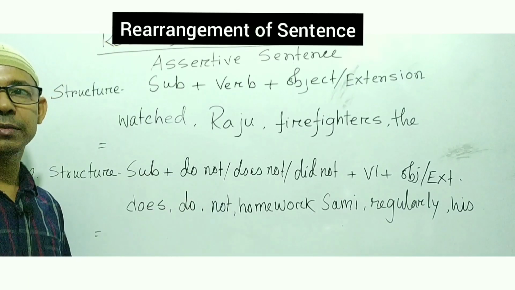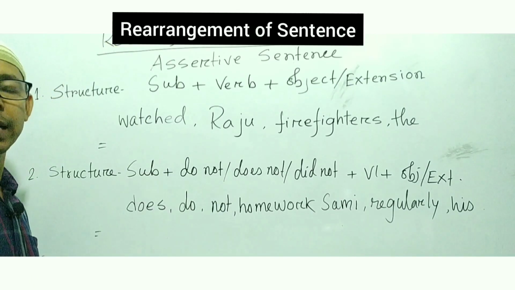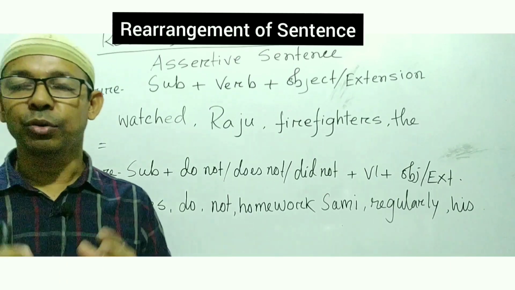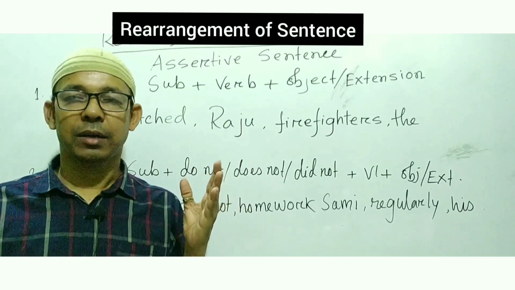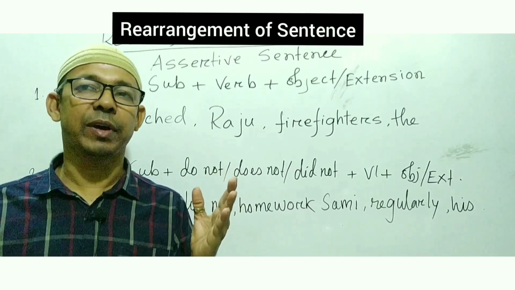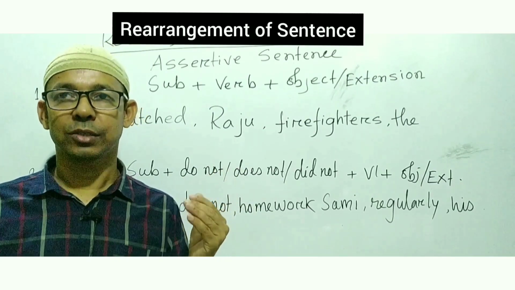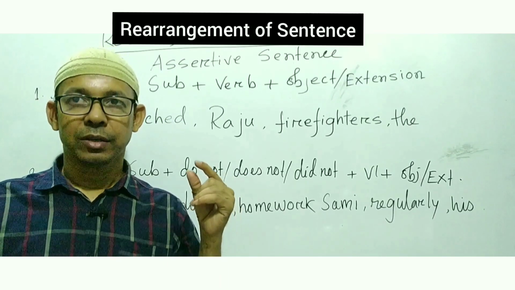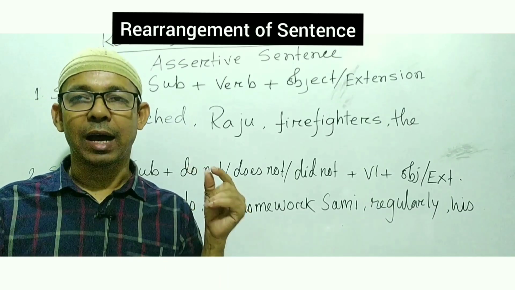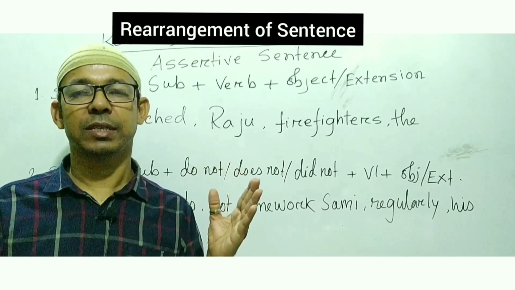We will learn the structures of these sentences. The structures of assertive sentences I have written here, and if you know the structures of these sentences, then making sentences will be very easy for you. So be very careful and try to memorize and understand the structures of these sentences.